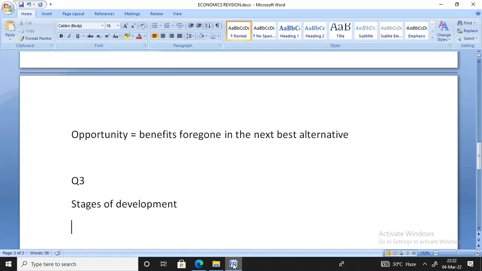All right, so the first stage is called the traditional stage, or traditional society. Now, traditional society was highly dominated by subsistence production. Subsistence production is where families were producing just enough for them to survive.